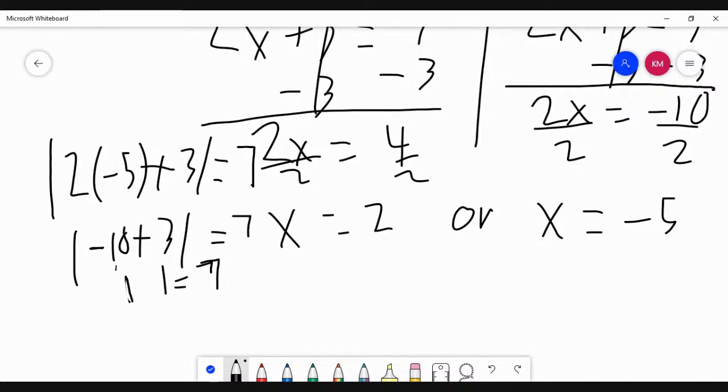Negative 10 plus 3, that's a negative 7. And of course, the absolute value of a negative is positive. Therefore, both of my answers equal 7.